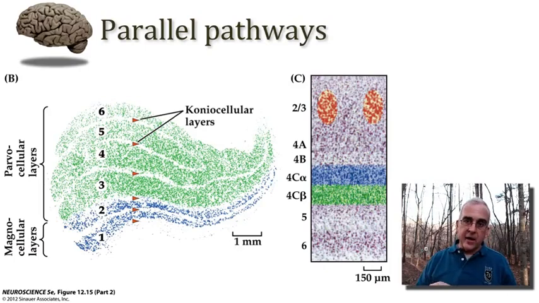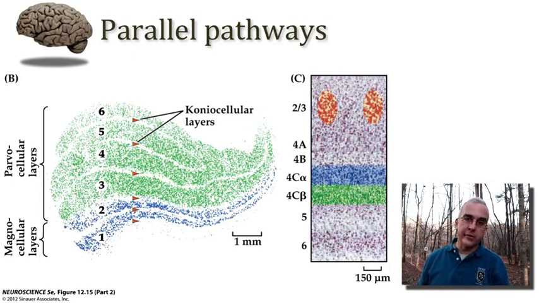There is a large-celled pathway that runs through the magnocellular layers of the lateral geniculate nucleus. It's not particularly concerned with high spatial detail or color, but rather it's concerned with broad patterns of motion. And this signal is terminating in layer 4C alpha, just above that parvocellular termination.